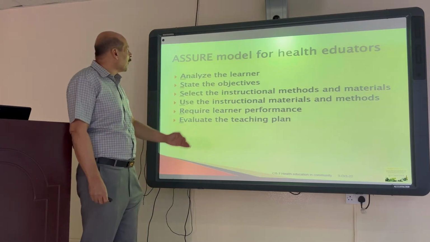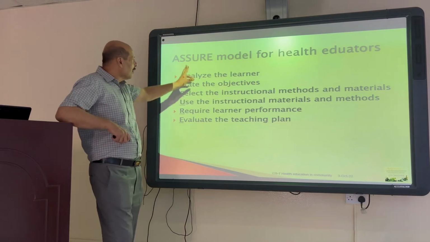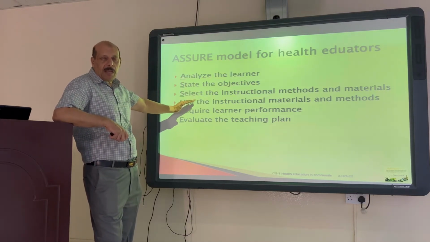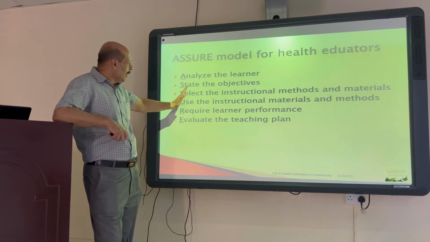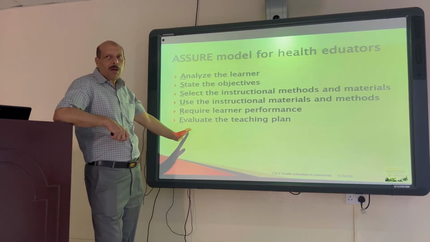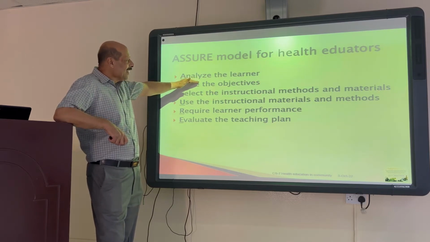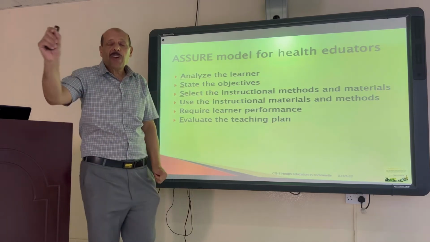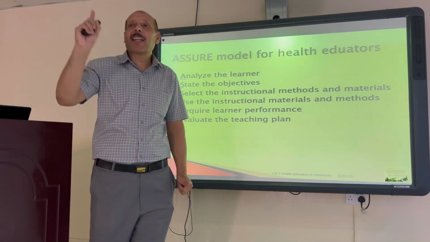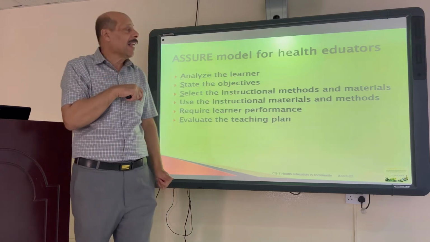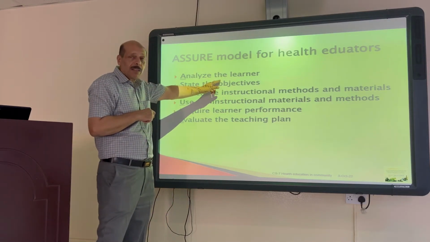About the ASSURE health education model, ASSURE came from the first letters of those words, starting with analyze. So in order to give health education, we have to analyze the recipient of the health education, the learner.